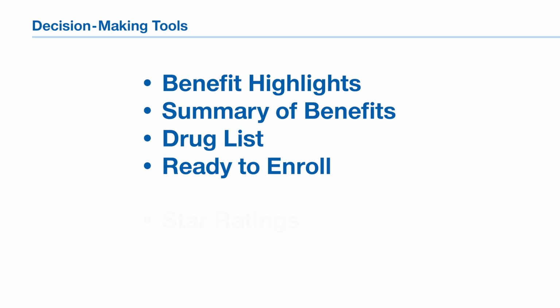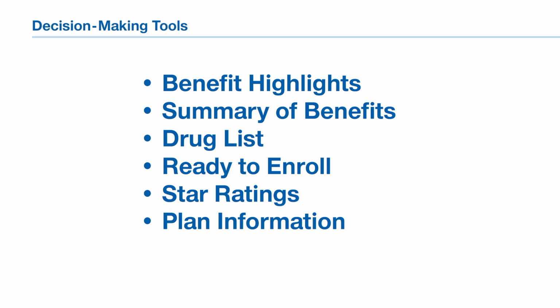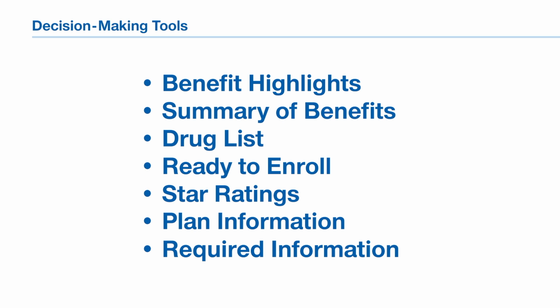Enrollment information. Star ratings. Important plan information, outlining how your plan works, including additional programs and services it offers beyond what original Medicare covers. Finally, the required information, which includes instructions for accessing free language interpreter services, available to answer questions you may have about a plan.